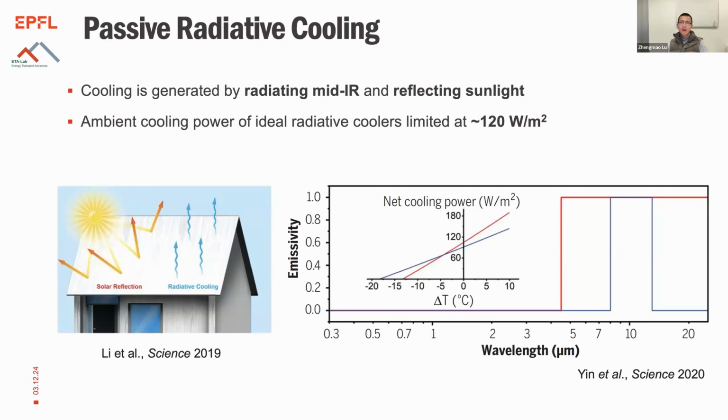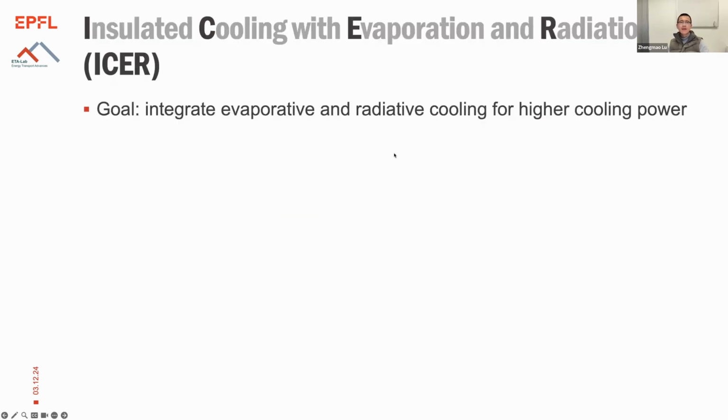So my idea at that point was to integrate radiant cooling with some other passive cooling methods to keep the passiveness there, but to improve the cooling power. And a good candidate for integration there is the evaporation or evaporative cooling. So this is why we were developing this thing, insulated cooling with evaporation and radiation, or ICER.